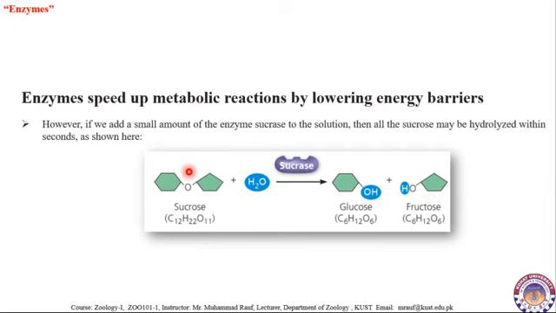So on the left side, the bond breaking process is underway, and on the right side there is a formation of a bond where hydroxyl binds with glucose and hydrogen binds with the fructose.